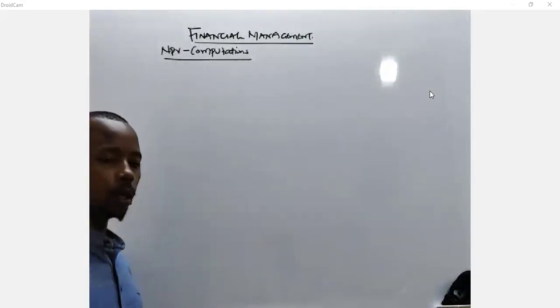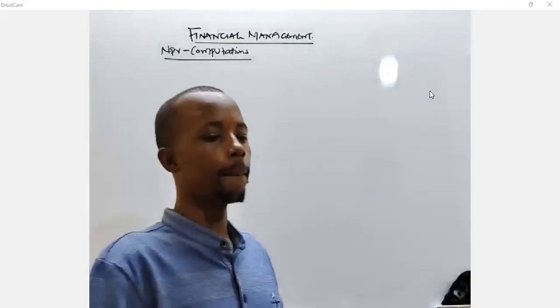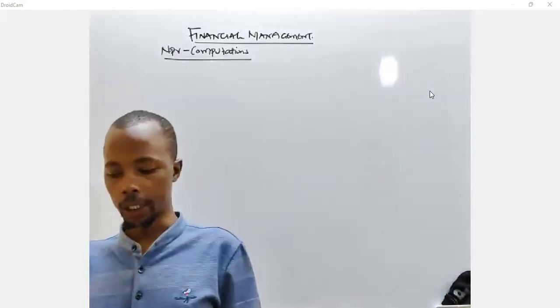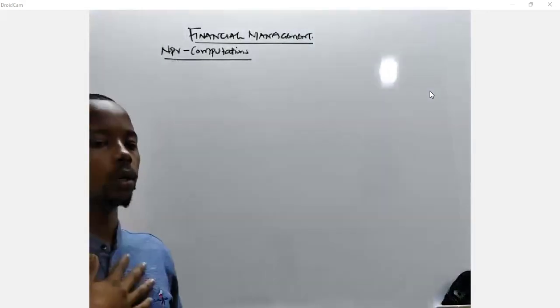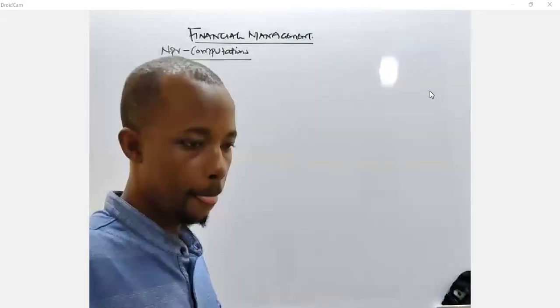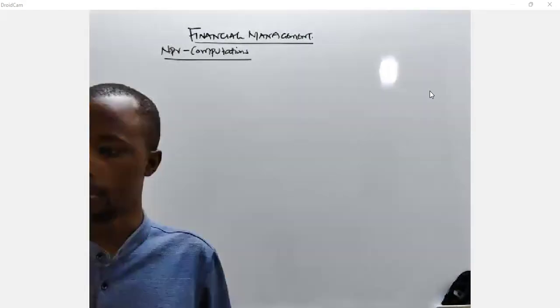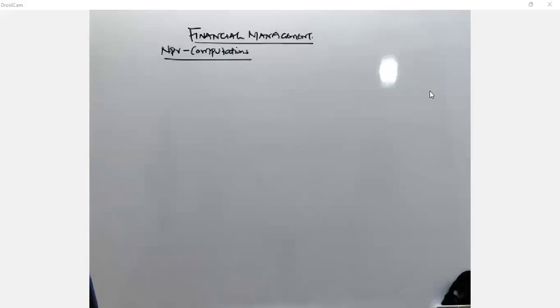We are doing capital budgeting, and under capital budgeting, in the introductory part we discussed up to the techniques of handling risk.